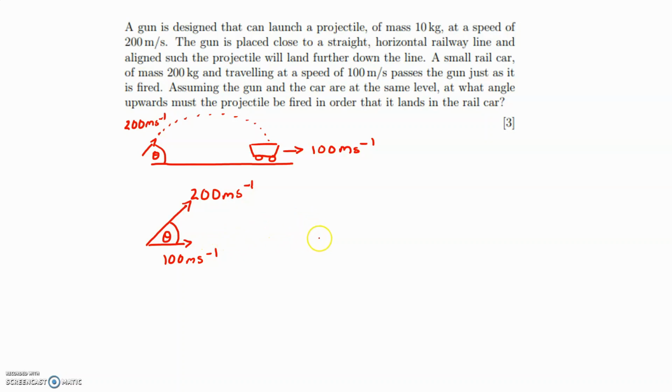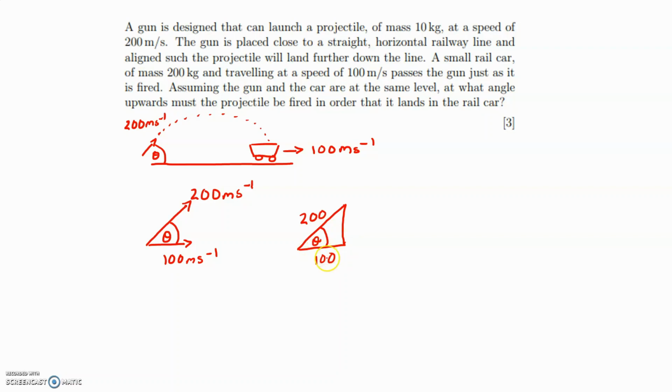Let's draw our triangle. So that is 200, that is 100, and that is theta.